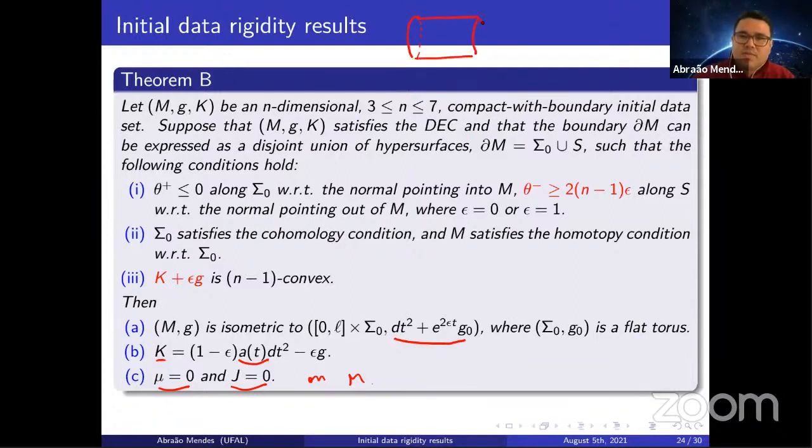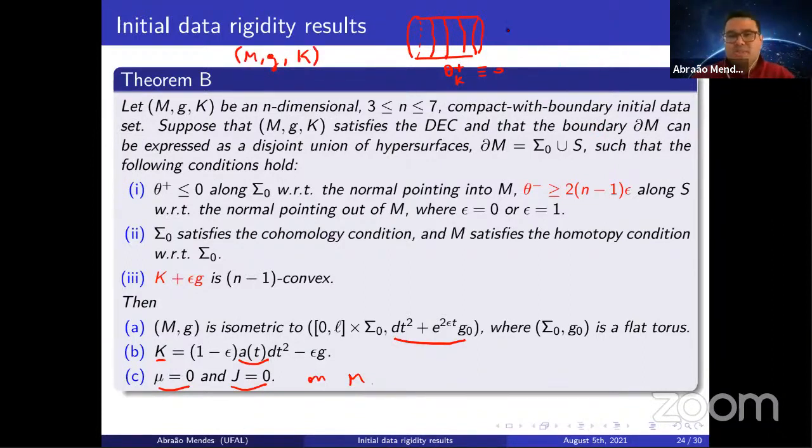So it is foliated by MOTS, okay? So sigma k plus equals 0 along the leaves. All right. But we also have, the first initial data set is this one.